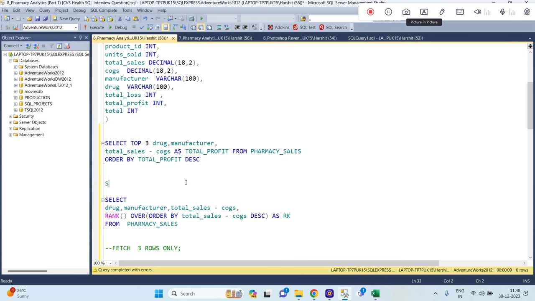Yeah, perfect. Subquery. Select star from. Now I have to give a bracket, right? Now I have to close the bracket and then where RK, here I can give an alias, RK less than or equal to 3. Now let me try why it is giving error.